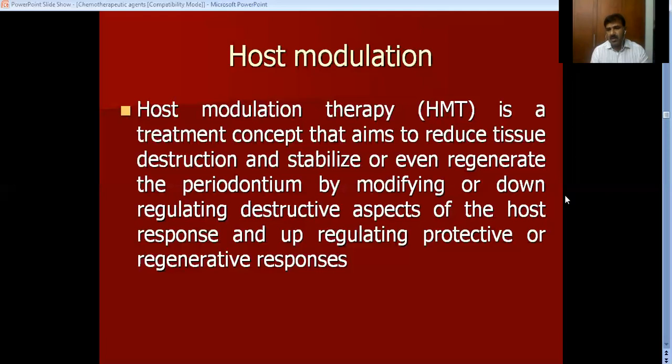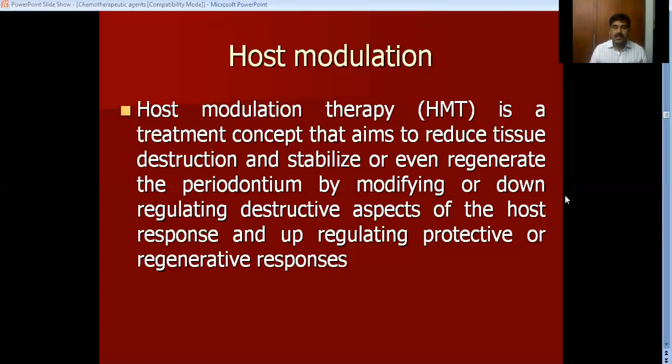So as a result of the interaction between the host and the bacteria, the bacteria will produce a lot of agents that destroy the host. The host will produce a lot of mediators to control the bacteria. But the problem is that these mediators produced by the host not only destroy the bacteria, but they produce damage to the periodontal tissues there.